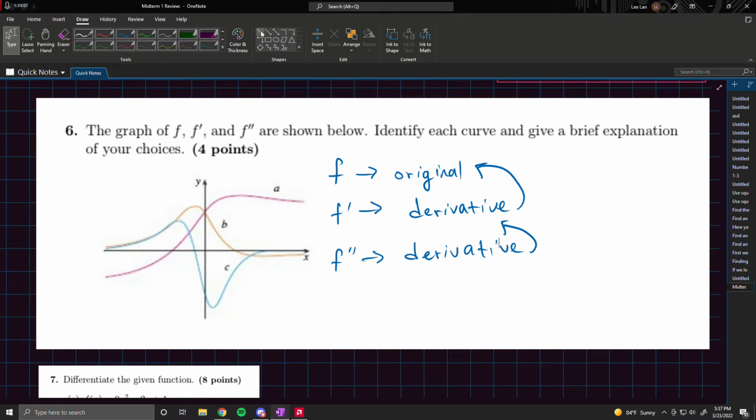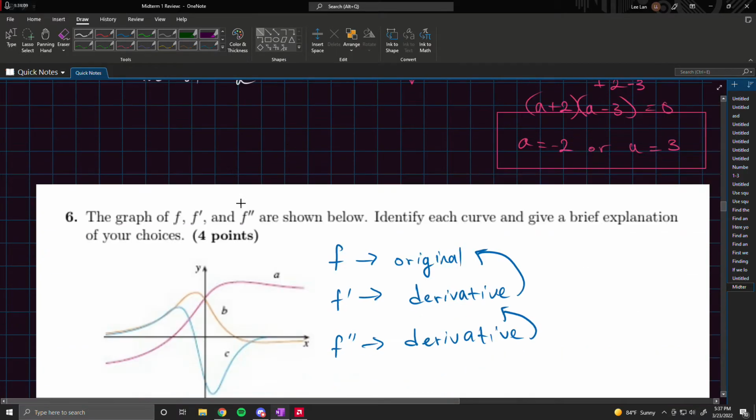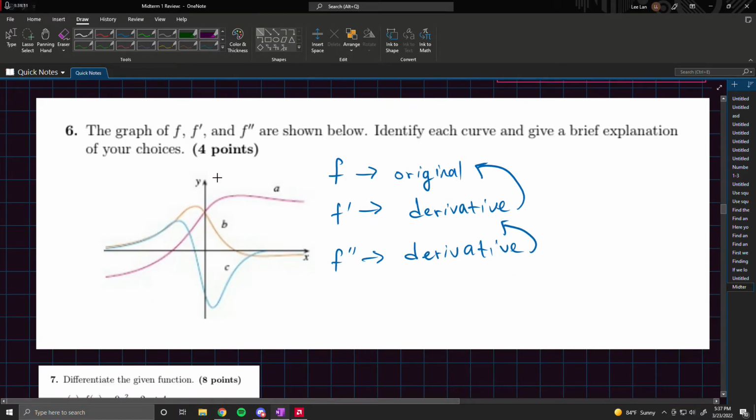But when I look at these problems, the first thing I look for are maximums and minimums. I look at the peaks. So here's a peak, here's another peak, here is another peak. Seems like there's a peak here too.